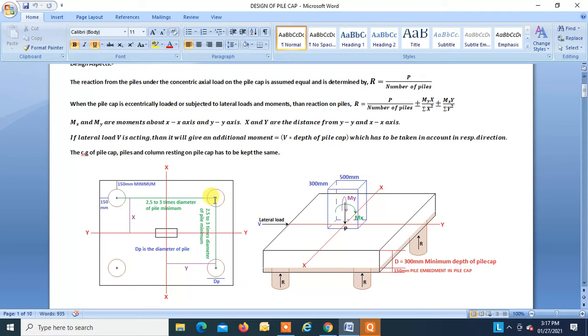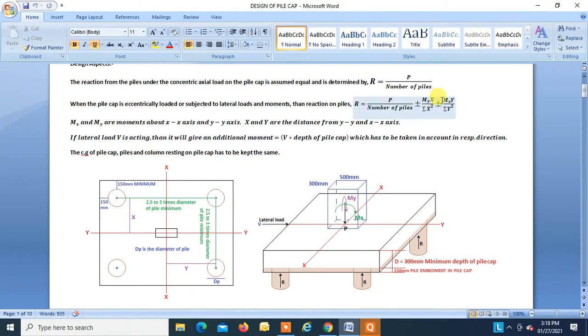So we have to take the distance of all the pile centers up to the CG of the pile cap: square of distance of this pile, plus square of distance of this pile from the CG of the pile cap, and square of the distance of this pile and this pile. So the summation of this will give you summation of x square, right?